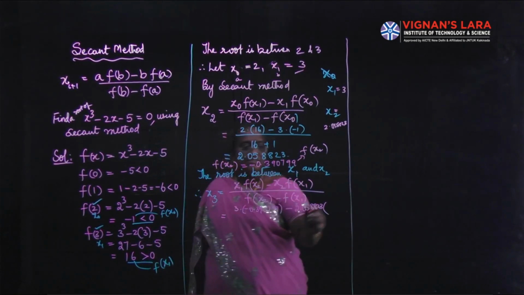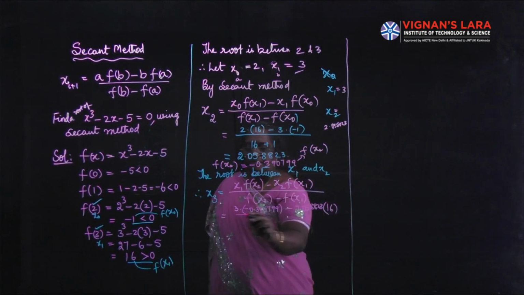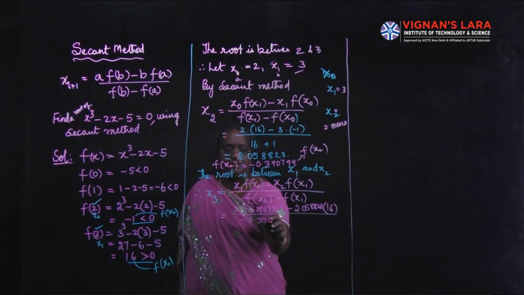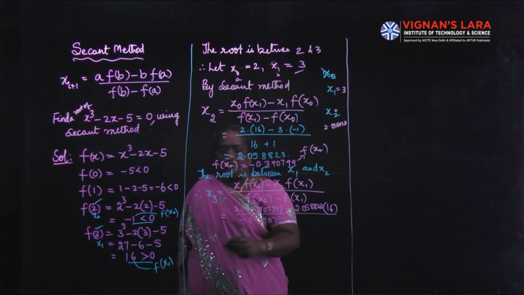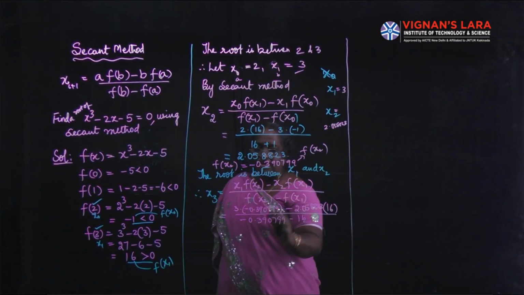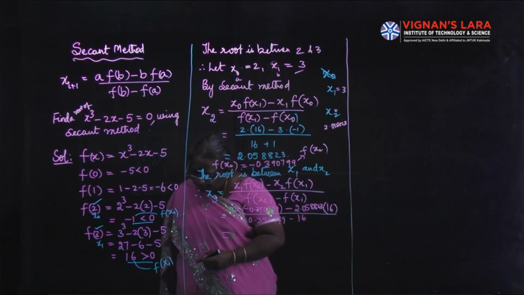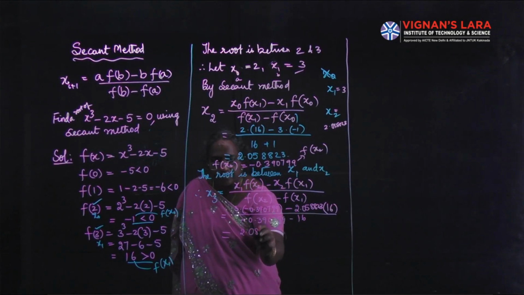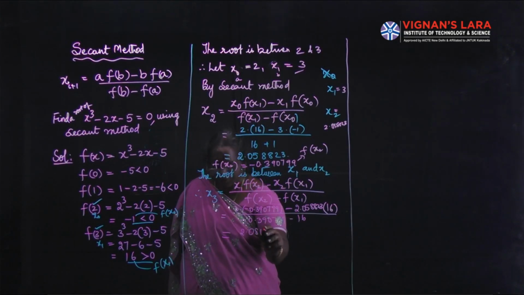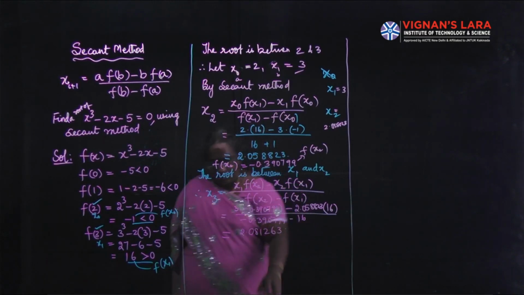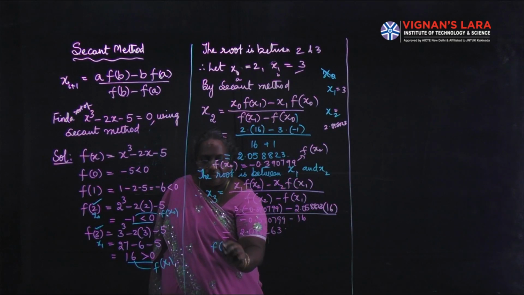It is 16, by f of x2, minus 0.390799. f of x1 is 16 minus 16. So minus minus gets cancelled. So x3 value will be 2.081263.